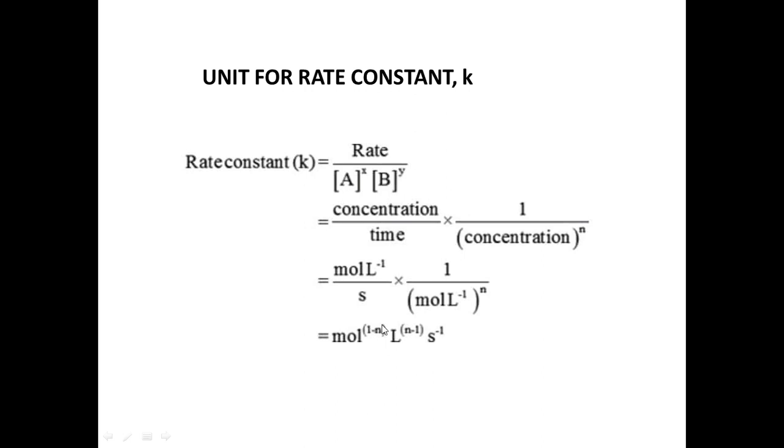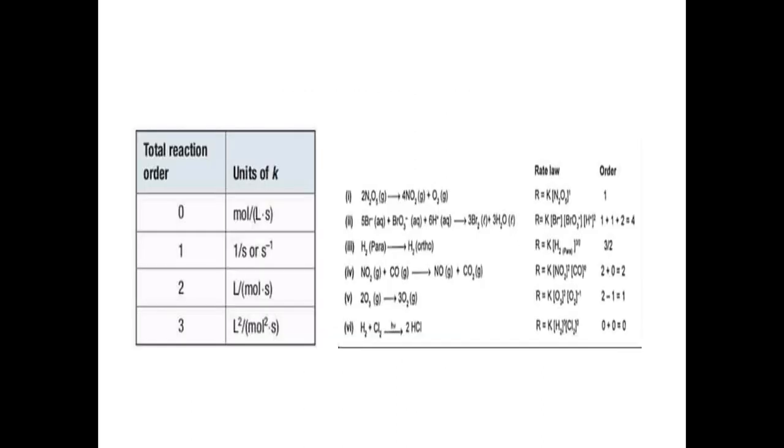It means that for a first order reaction, the unit of K is time to the power minus 1. This formula is used for finding the unit of the rate constant for every order of a reaction.